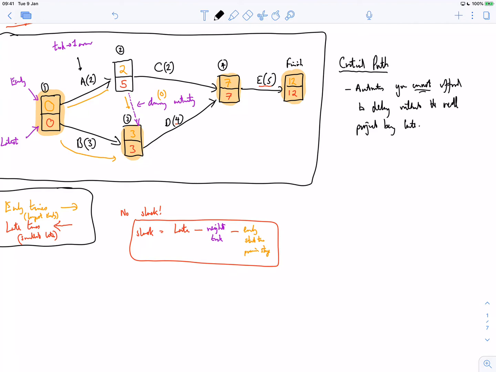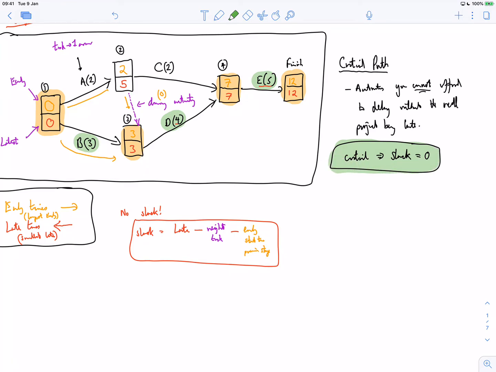And these are really easy to find. If they're critical, then their slack is 0. Another way of looking at it is those critical tasks are always going to be between 2 stages where the top number is the same as the bottom number. Okay, you have to be careful with dummy activities sometimes, so just be aware, but the golden rule really is that when the slack is 0.